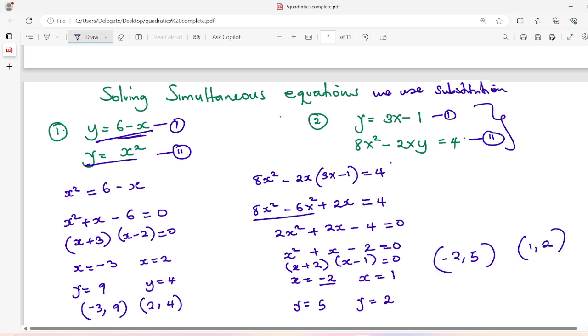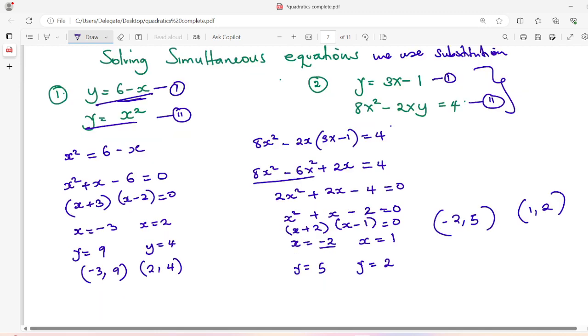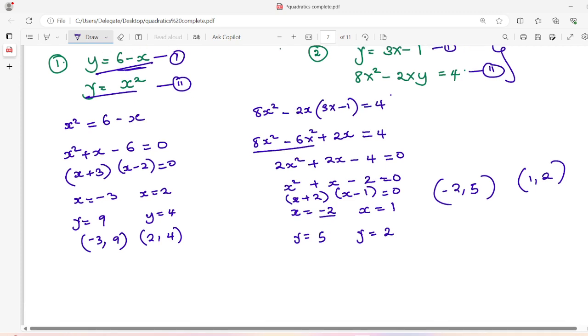We solve simultaneously to get the coordinates of intersection, or where the two meet. So be careful when you're solving simultaneously. Be careful on how to make one the subject, and make sure your algebra is good so that you don't make any silly mistakes that will cost you a lot of marks.